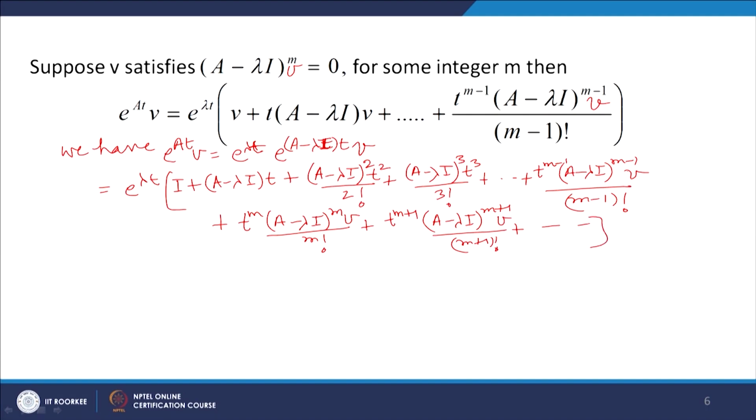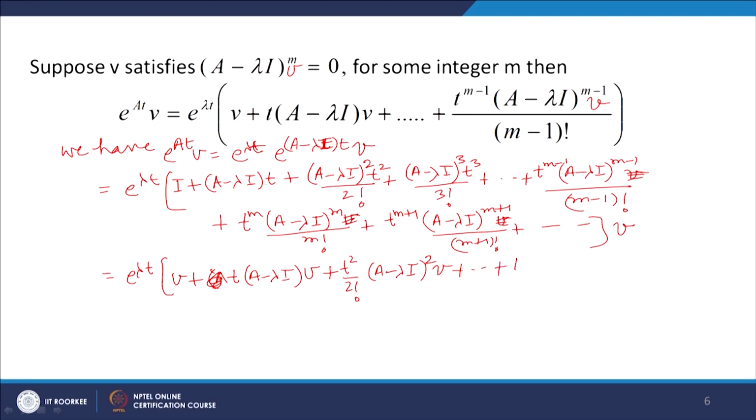Here, I should not have written b; we can write it outside. Okay. So, then what happens is when this series operates on b, you get e to the power lambda t times b plus t times (A minus lambda I) b plus t square by 2 factorial (A minus lambda I) whole square b, and so on.